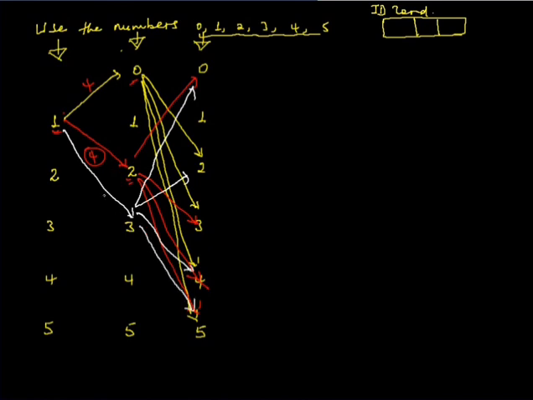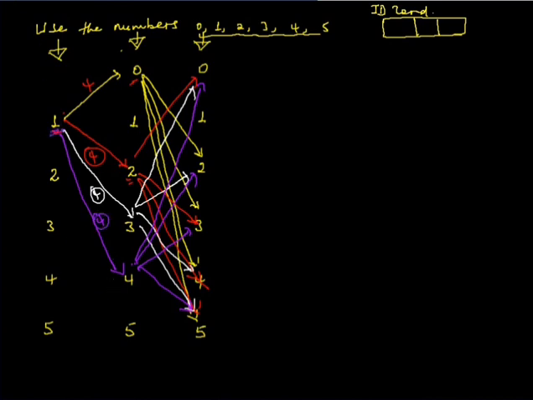Here, by fixing 1 and 3, we will have another 4 ID numbers. Again, take 1 with 4. Then 1 4 0 is possible, 1 4 2, 1 4 3, then 1 4 5. Again, 4 different ID numbers.